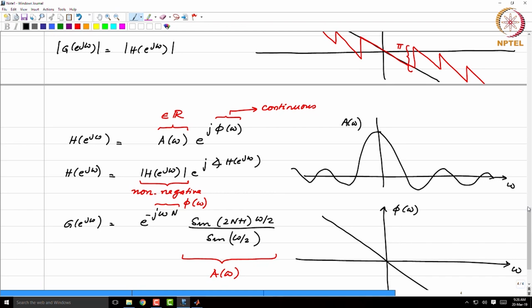A phase change of pi is a sign change. The magnitude being non-negative cannot take on negative values. Therefore, the sign change that crossing a 0 causes has to be absorbed in the phase response as a jump of pi. Whereas in this representation, when you cross a 0, you acquire a sign change. That sign change is absorbed in the amplitude response because it is now real valued, and hence the phase response is continuous without any jumps of pi.